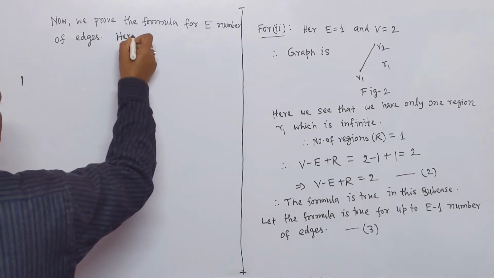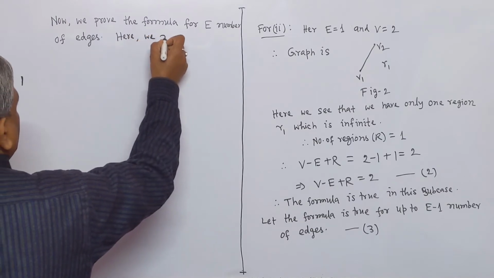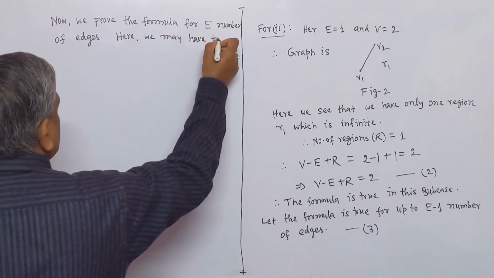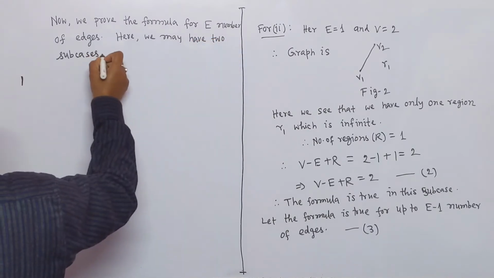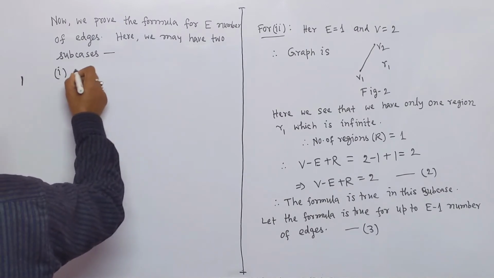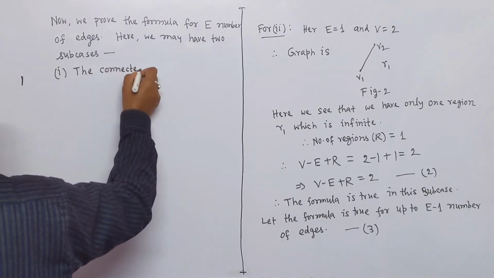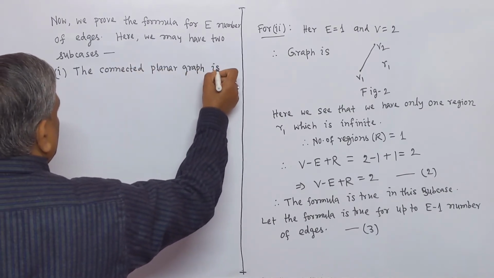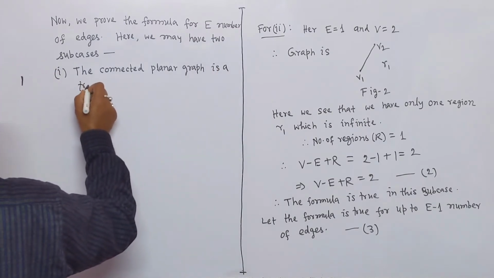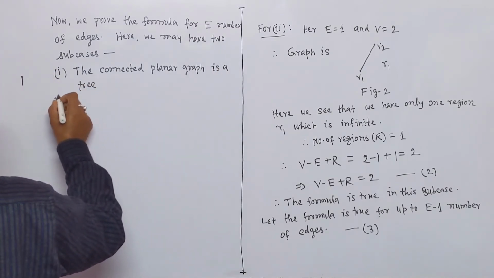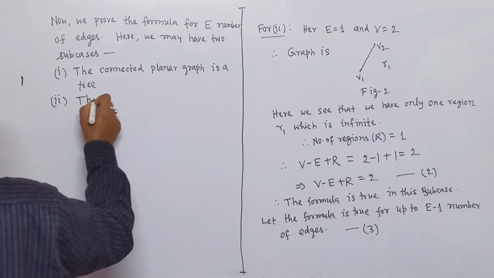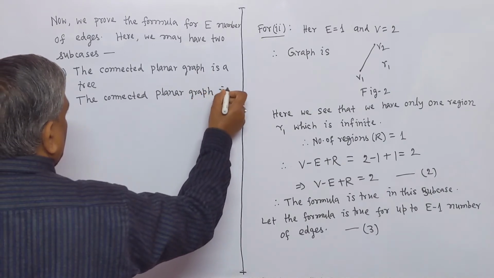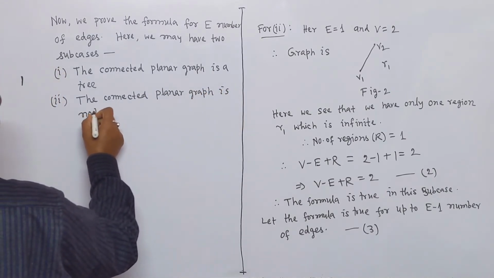Here we may have two subcases. Number 1, the connected planar graph is a tree. Number 2, the connected planar graph is not a tree.